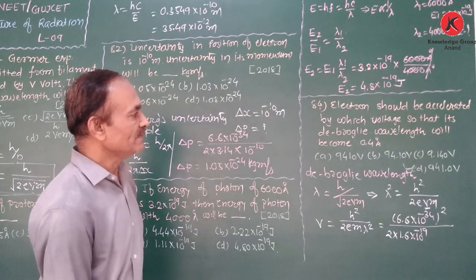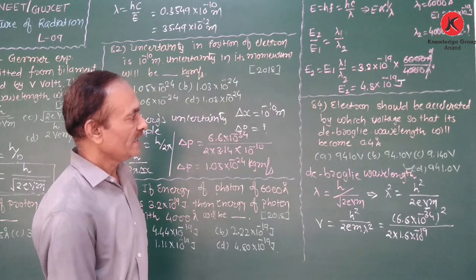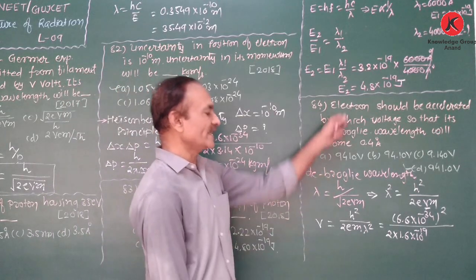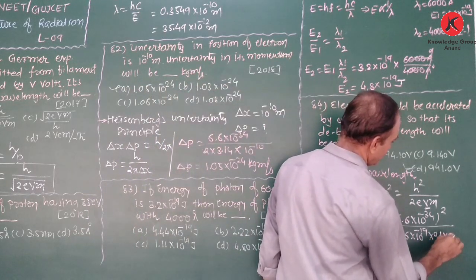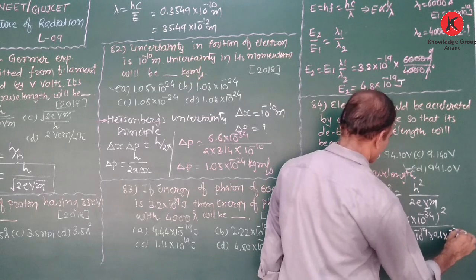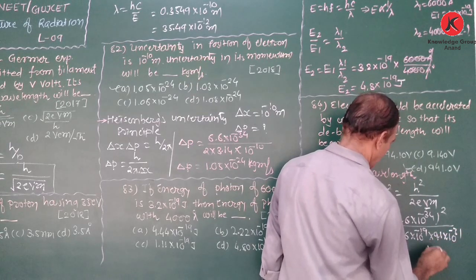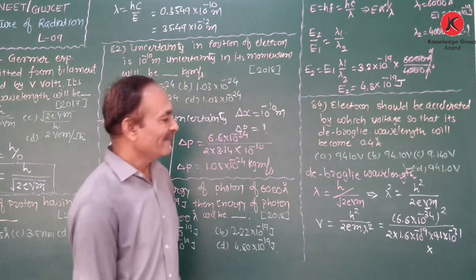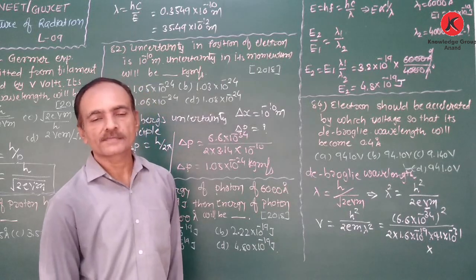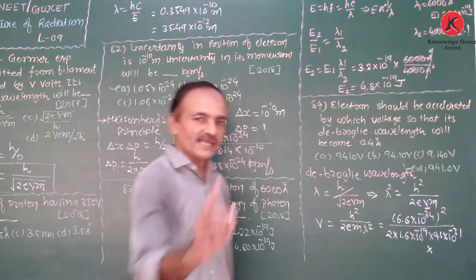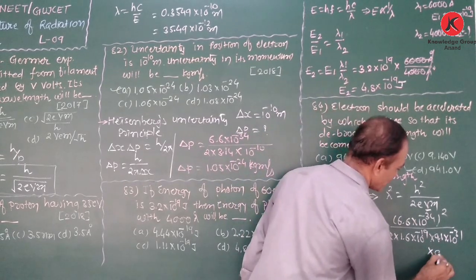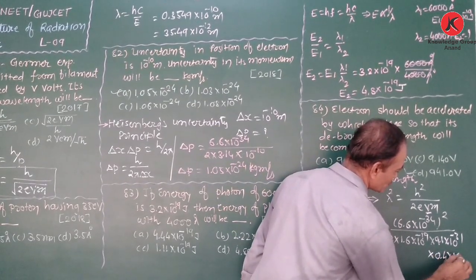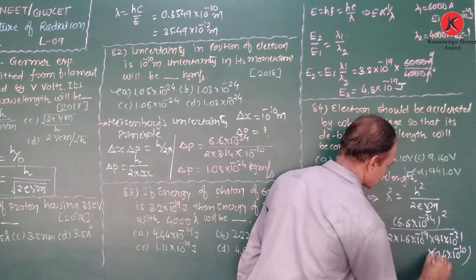Here m should be the mass of an electron, 9.1 into 10 is to minus 31 kg. And now lambda is given 0.4 angstrom. Therefore 1 angstrom is equal to 10 is to minus 10 meter. Therefore 0.4 into 10 is to minus 10 meter whole square.